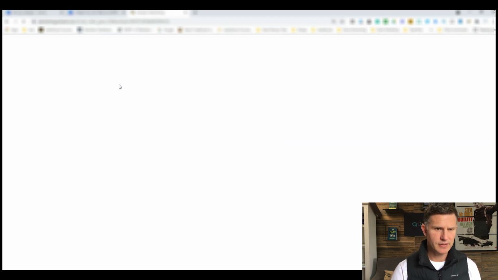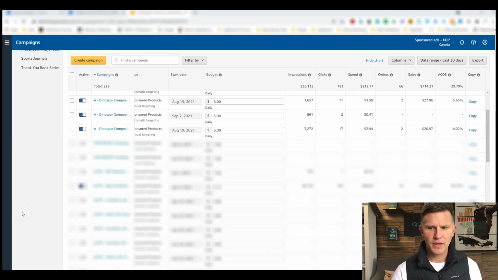We'll just wait for this to load up. As you can see, we're going to have a look at these 3 campaigns just here. Although there's not much I can do in this middle one with the automatic campaign, I want to go into the dinosaur composition notebook.